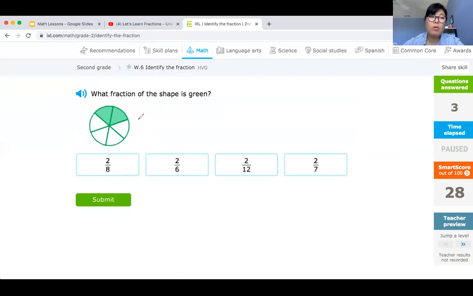So in total, there are 6 equal parts. 6 represents the denominator. Then you put a line. How many parts are shaded? 1, 2. The correct answer is 2/6.